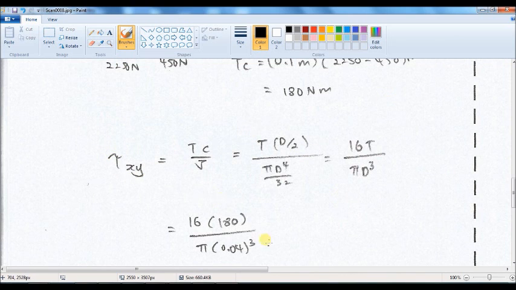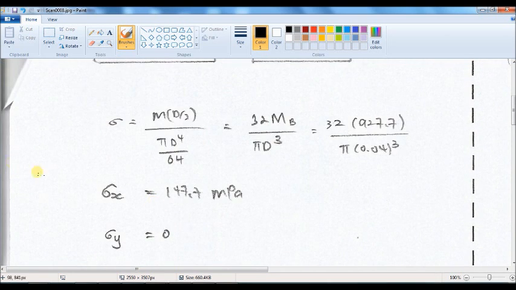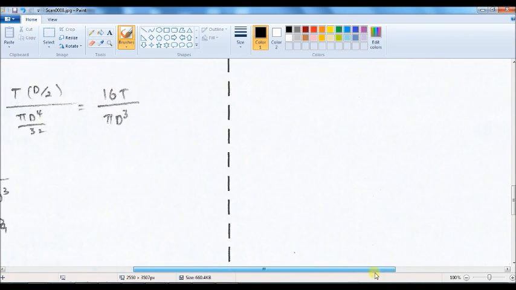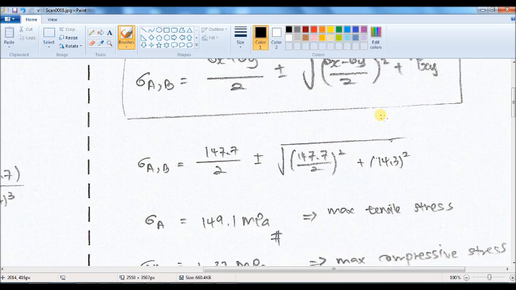Now I have found the axial stress sigma x due to the bending, and the shear stress due to the torsion. In the next step, I have to find the principal stresses. So I will use the Mohr circle equation.